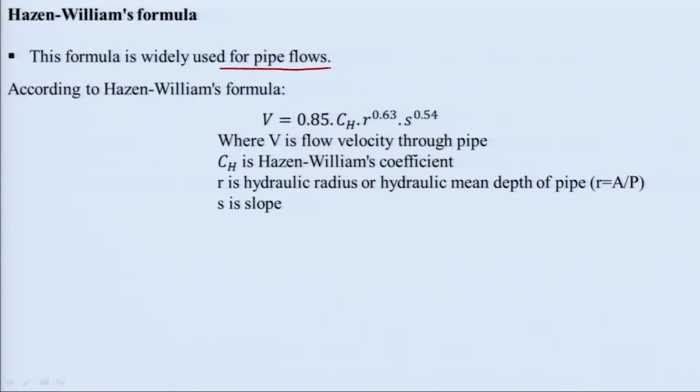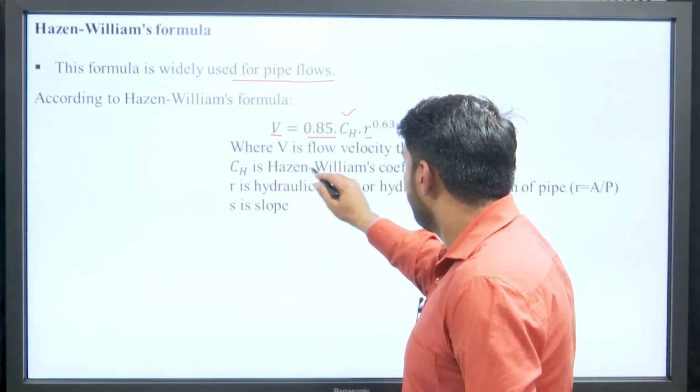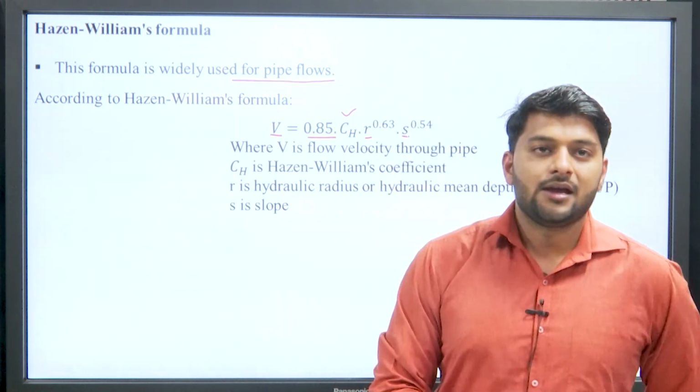Here, according to the Hazen-Williams formula, velocity equals 0.85 times the Hazen-Williams coefficient, that is CH, multiplied by R, where R is hydraulic mean depth, power 0.63, into slope power 0.54, where V is velocity through the pipe, CH is the Hazen-Williams coefficient, R is hydraulic radius or hydraulic mean depth, and S is slope.